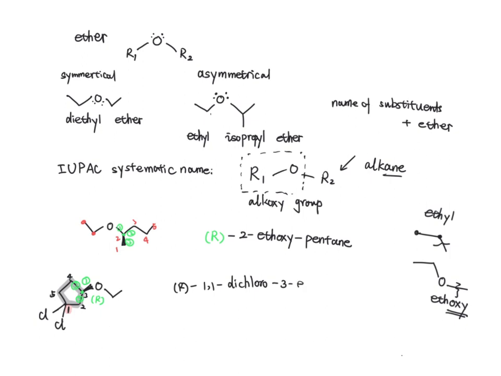Again, this is the ethoxy group as well. And we have cyclopentane. Okay. So this is the naming for the ether. You should know both the common name, how to name it, and the IUPAC naming. Based on the name, you should be able to draw out the ether also.